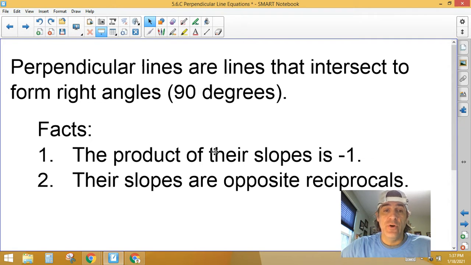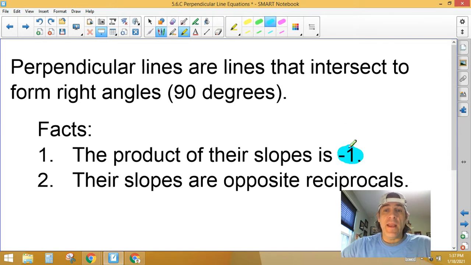There's a special product, I guess we could say, for their slopes. The product of their slopes is -1. Meaning if I multiply them together, I get -1.